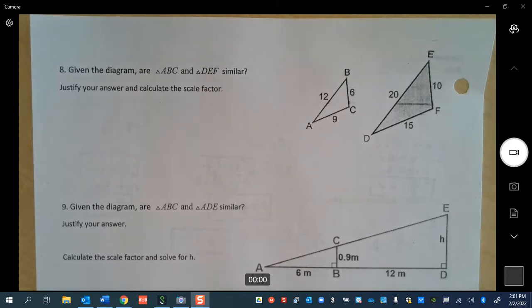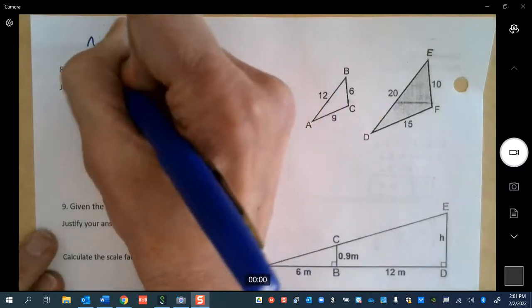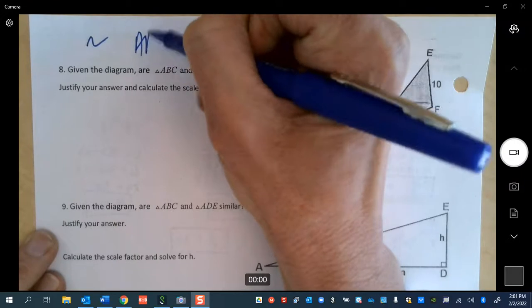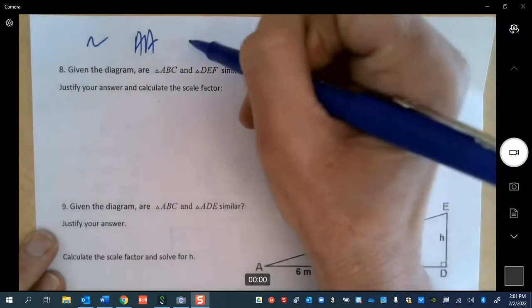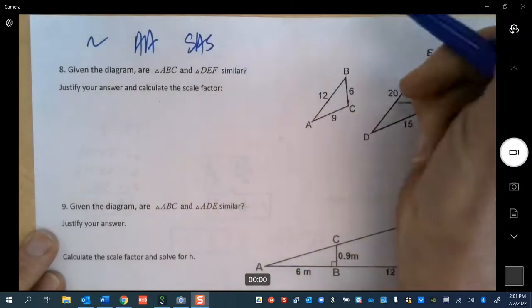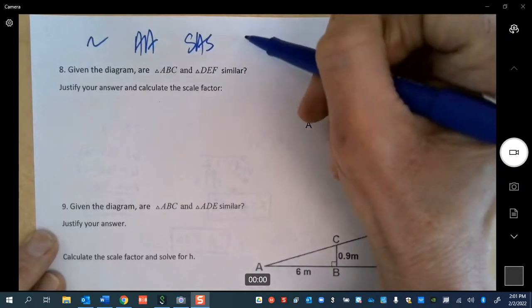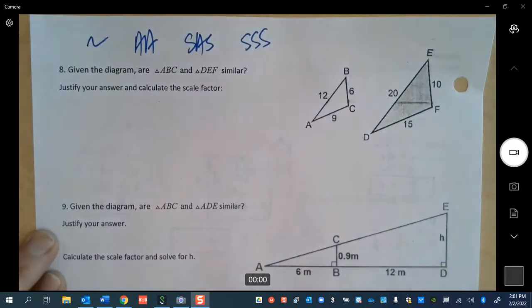So the last problem, we told you they were similar. But now we need you to take a look at the next two and justify or prove whether or not they are similar. Okay, well, when I talk about similarity, we can talk about angle-angle similarity, side-angle-side similarity, and side-side-side similarity.